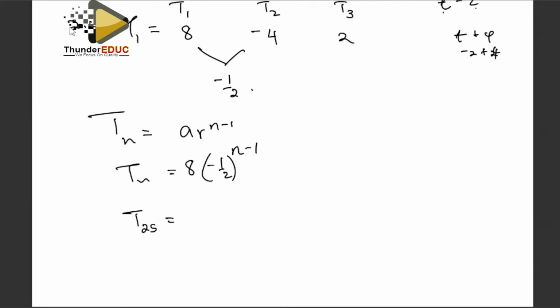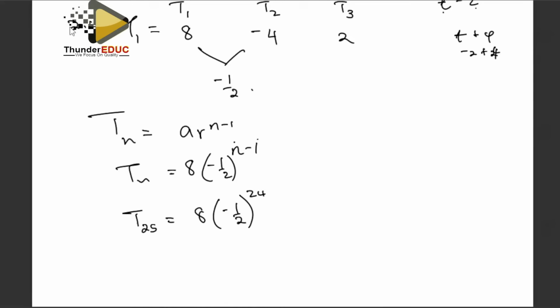So T25 is going to be 8 into negative 1 over 2 to the 25 minus 1, which becomes 24. Now, if ever we have a negative number being multiplied an even number of times, the answer will always end up being positive.